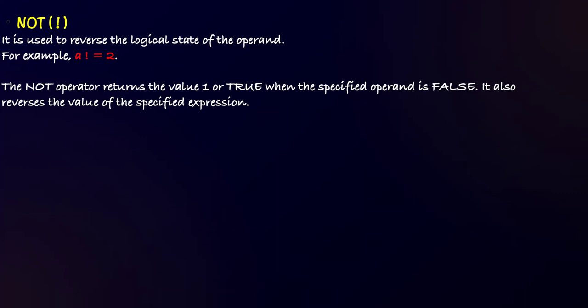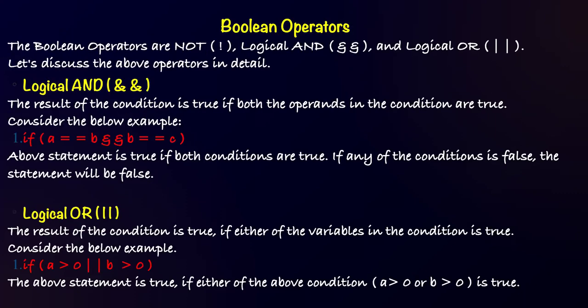So the not operator returns the value 1 or true when the specified operand is false, because since it is the not operator, it will only operate if the condition is false. It also reverses the value of the specified expression. I hope all the Boolean operators are clear by now.